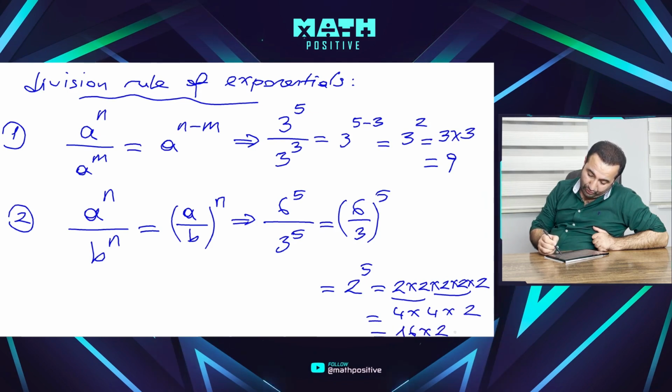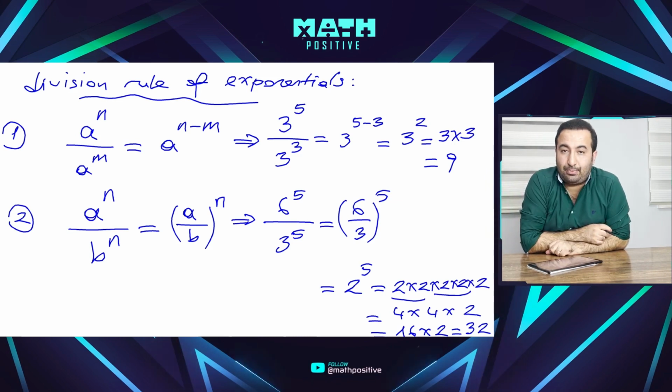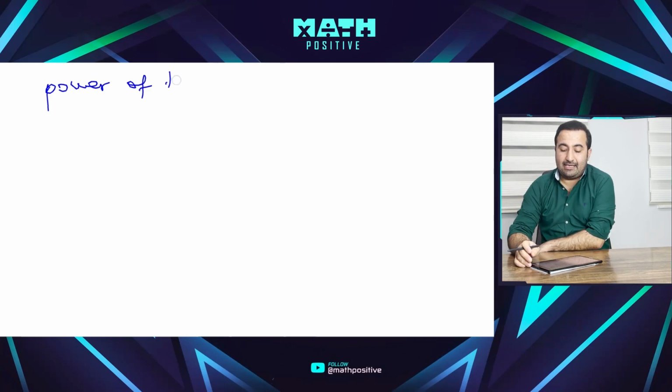And this will be 2 times 2 times 2 times 2 times 2, which is 4 times 4 times 2, and this is 16 times 2, which is 32. Okay, let's check. 6 to the power 5 over 3 to the power 5, which is 6 over 3 to the power 5, and that's equal to 2 to the power 5, which is 32 as our answer.